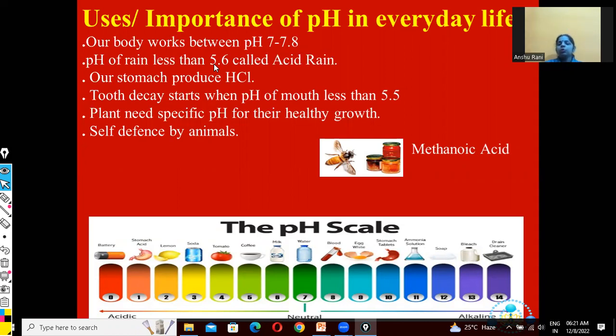If they have too acidic or basic a pH, that will ruin the crops. Then animals use their pH for self-defense, like in stings of certain insects, there is methanoic acid. That methanoic acid, when injected in our body, is a painful condition. So we have to apply some base over it to neutralize it.